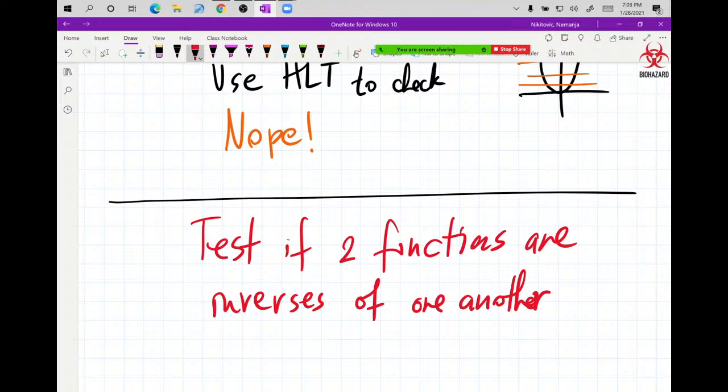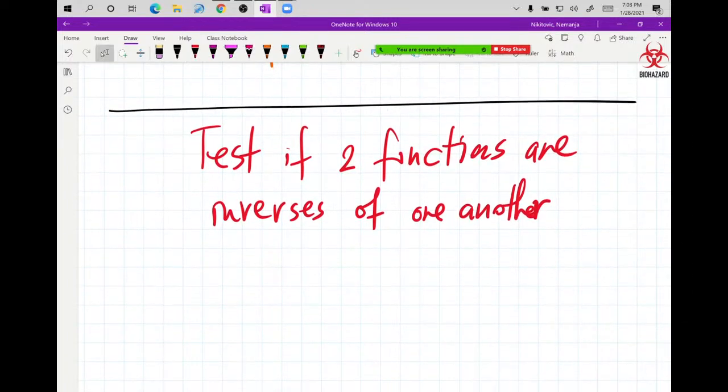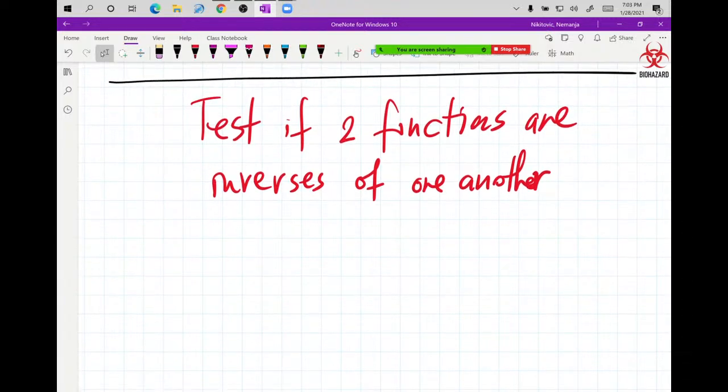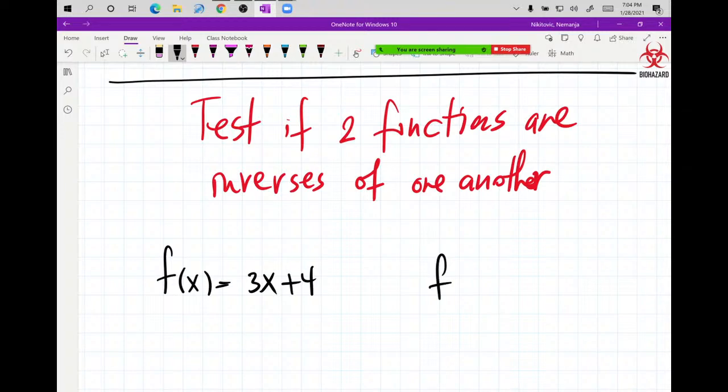I give you two random functions. F of x equals 3x plus 4, and g of x equals square root of x minus 3. Are they inverses of each other?